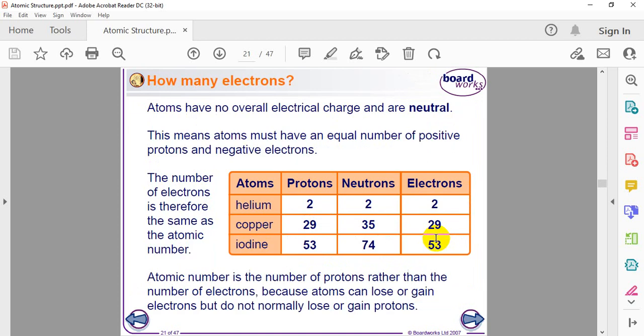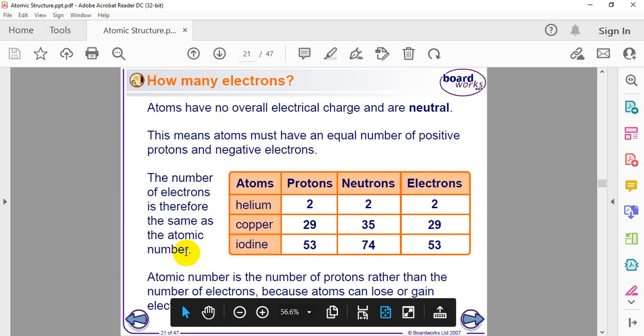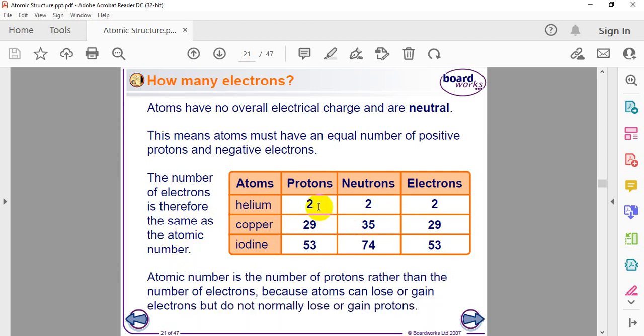Atoms have no overall electrical charge and are neutral. This means atoms must have an equal number of positive protons and negative electrons. The number of electrons is therefore the same as the atomic number. Let's see this in the table.